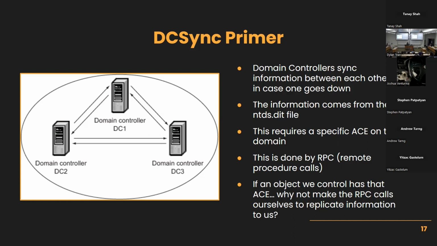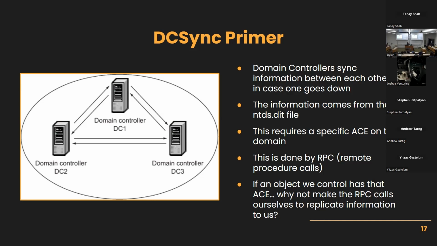Now, as an attacker, if we compromise an object like a backup domain controller, then we can utilize that backup domain controller to do that synchronization and extract the information ourselves. However, in actuality, the capability to perform a DC sync isn't really special. It's not dedicated to just backup domain controllers.